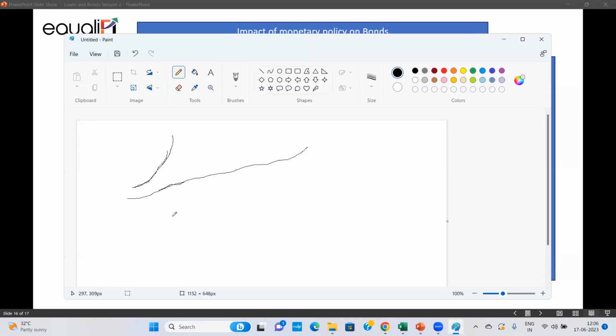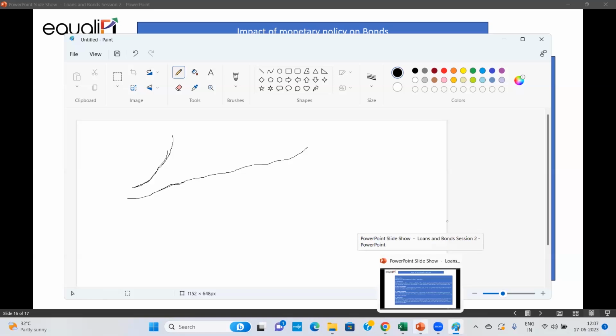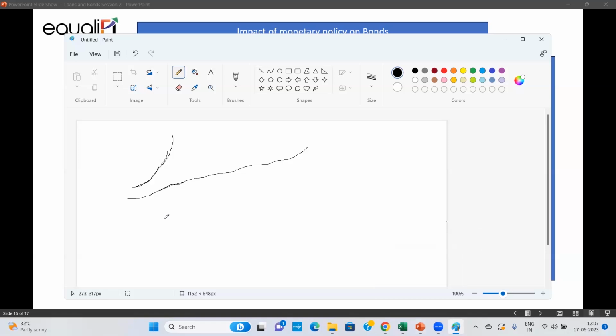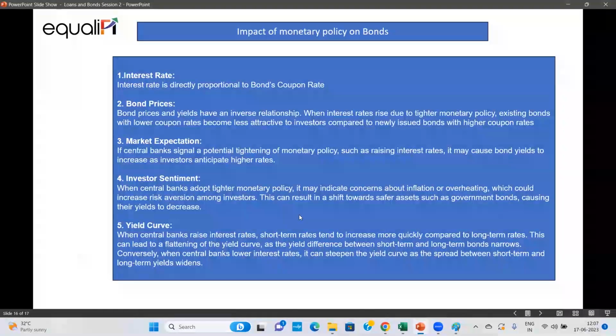On the contrary, when there is a decrease in rate, then the scenario gets reversed. So the first scenario is, when you raise interest rates, the short-term rate increases quickly compared to the long-term rates.